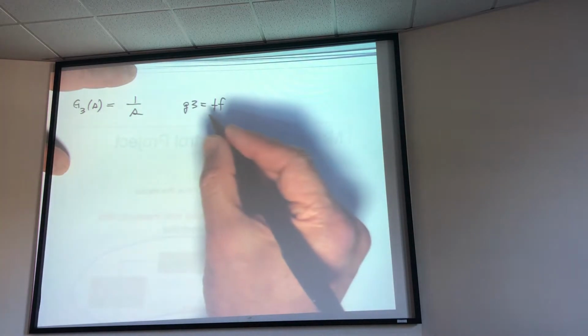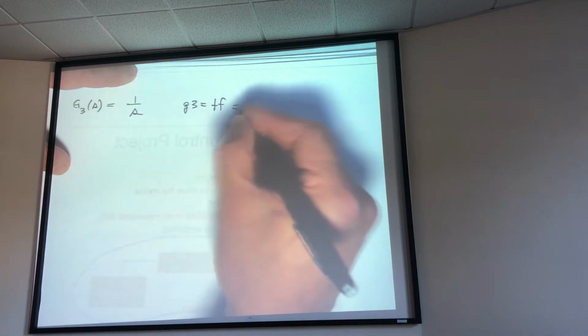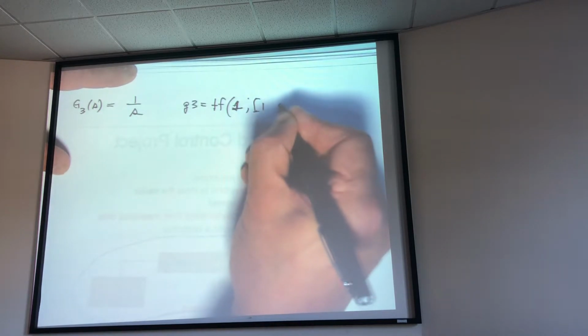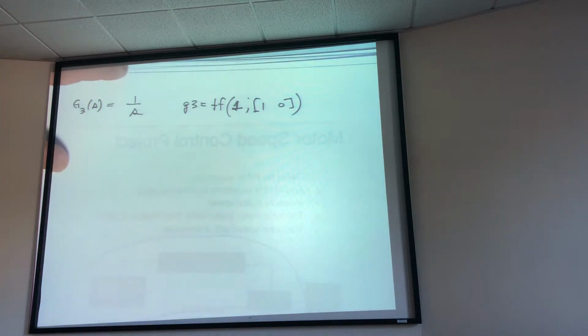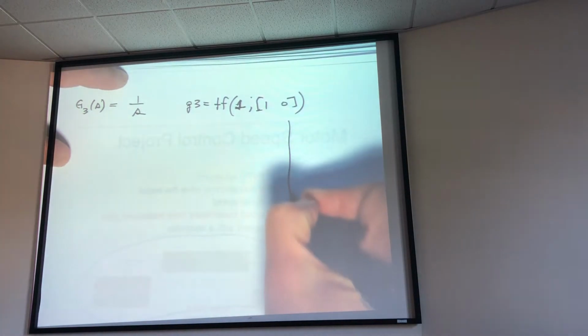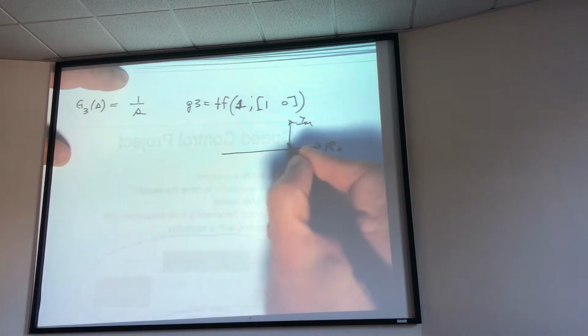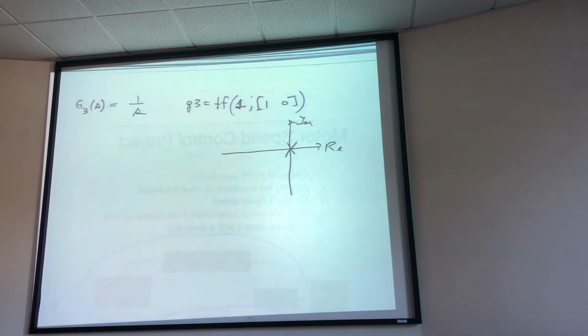So G3 is a transfer function. The numerator is 1, and the denominator is S, like so. Sketch our axes, real and imaginary, and there's the model. Do root locus.